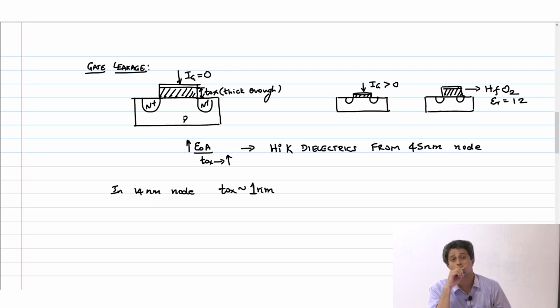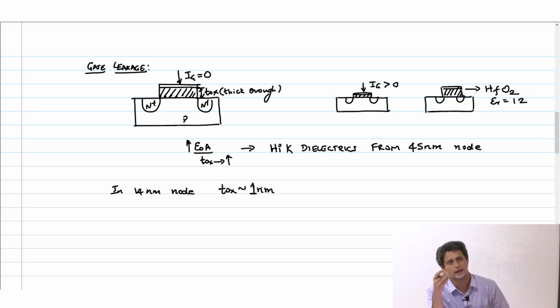No, exactly. So it turned out that even in 45 nanometer you had to bring this down. The tunneling is also a function of the voltages, right?